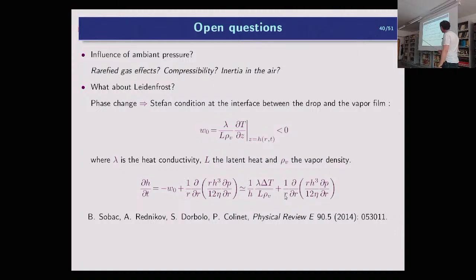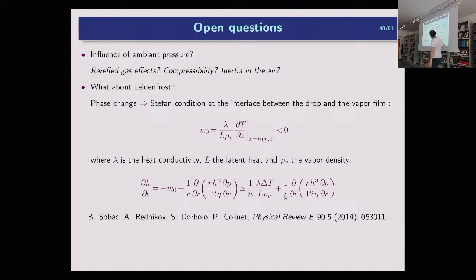And what about the Leidenfrost effect? If you put a delta T between the drop and the substrate, which can be liquid or solid, then if the temperature difference is high enough, the drop liquid is going to evaporate, and the gas phase is going to be between the drop and the substrate, and then the drop is going to levitate.